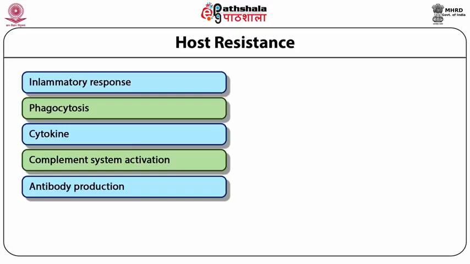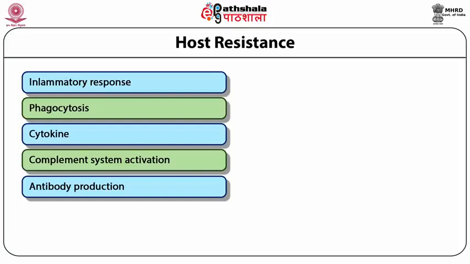For pathogens, it is not easy to establish infection in the host in spite of all their virulence factors. So it is all a war between host and pathogen: how they interact, what the environmental condition is, and how much the host is under stress.